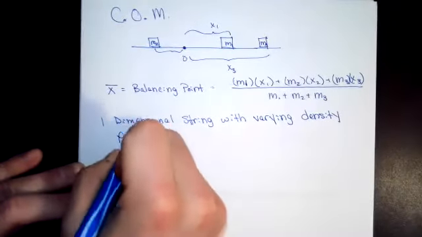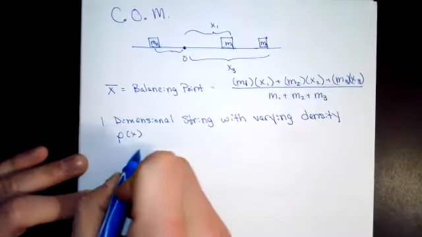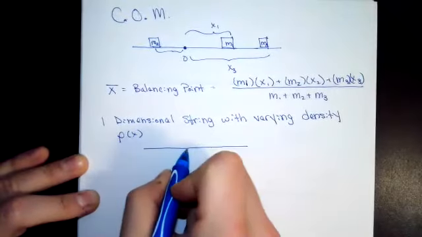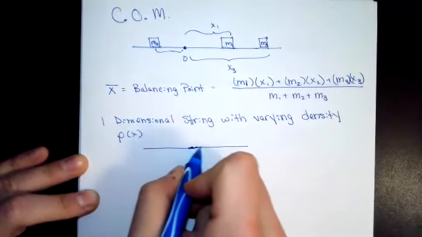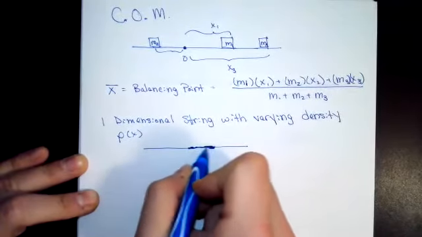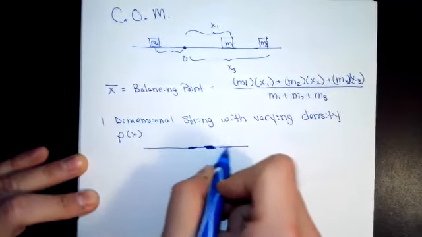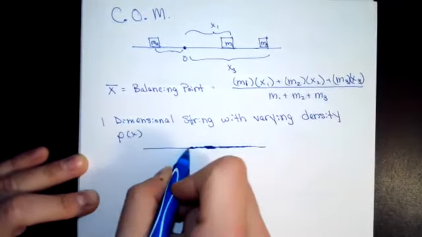We'll call it rho of x. So we just have a string, but some parts of the string get kind of heavier, where it might be thicker or it's just denser in some parts, and then it gets lighter.